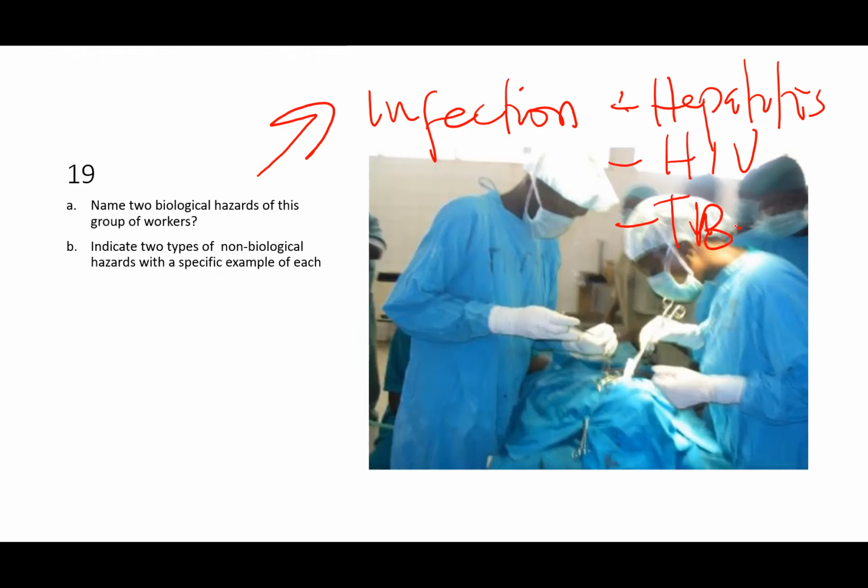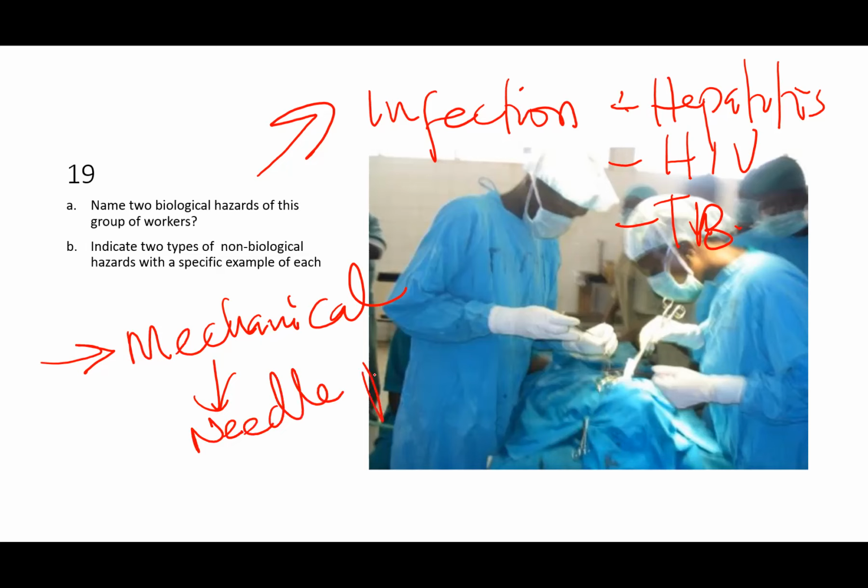Then non-biological could either be mechanical, from needle stick injury, or physical. Physical are due to exposure to radiation. Because in the theater, you could have the C-arm for delivering radiation. And usually they put on their protective devices, okay?